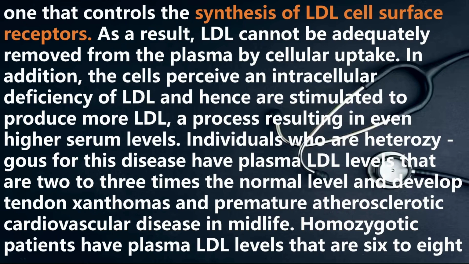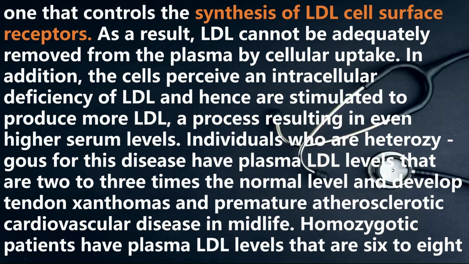Individuals who are heterozygous for this disease have plasma LDL levels that are 2 to 3 times the normal level and develop tendon xanthomas and premature atherosclerotic cardiovascular disease in midlife.